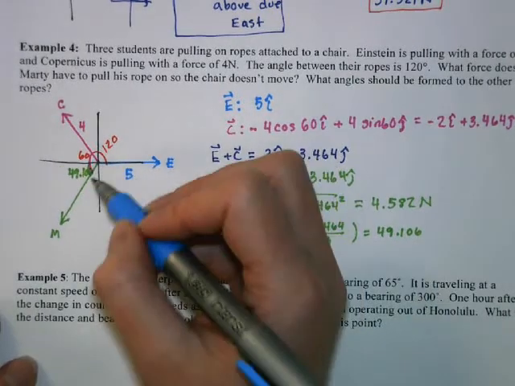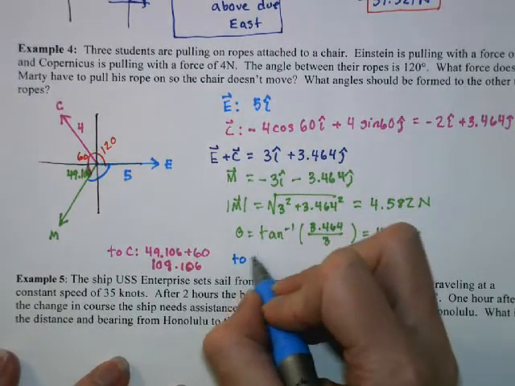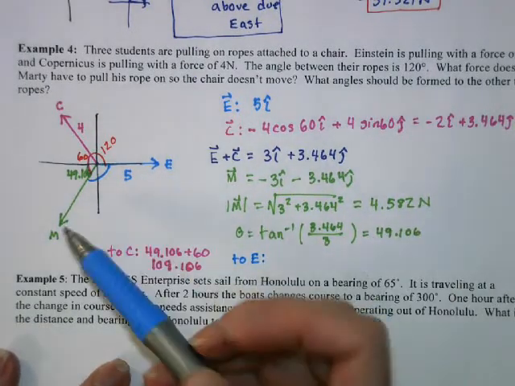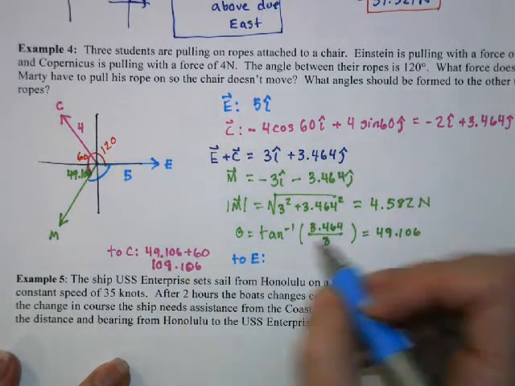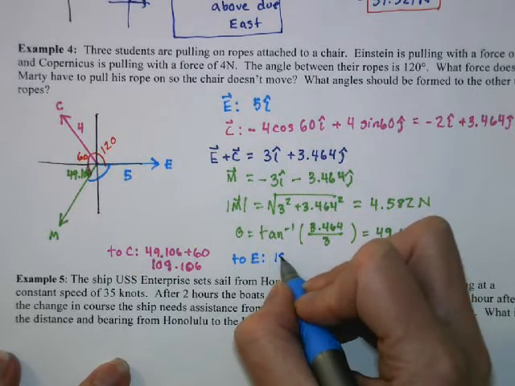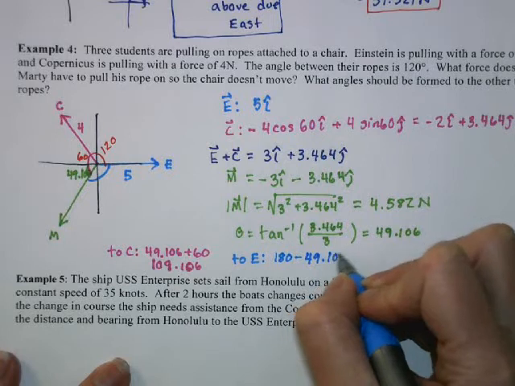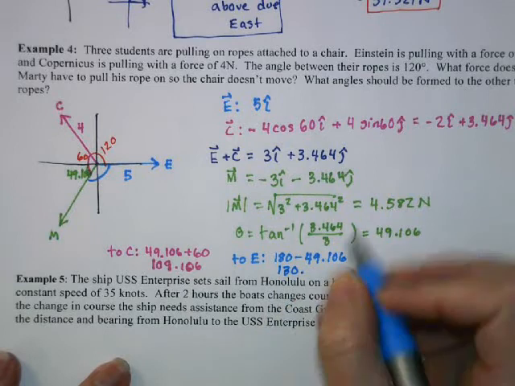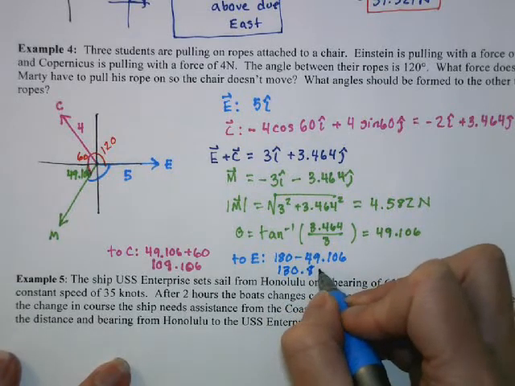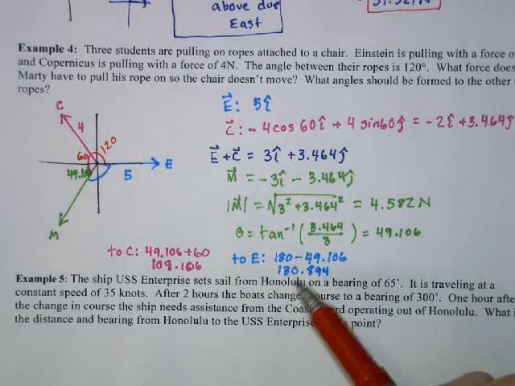Then if I want this angle to E, well, again, if I know this is 49, for this angle I'm going to subtract from 180, which gives me 130.894.